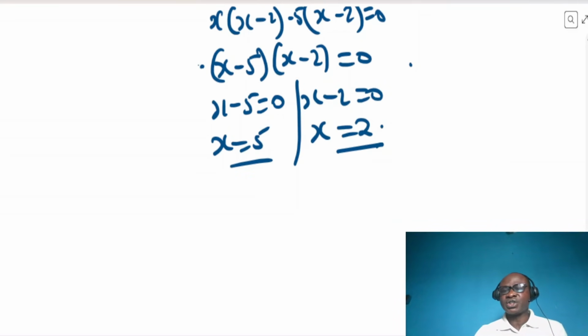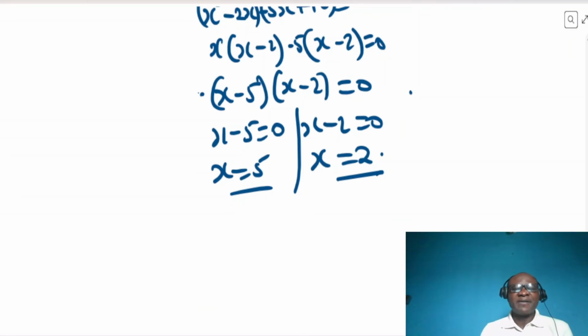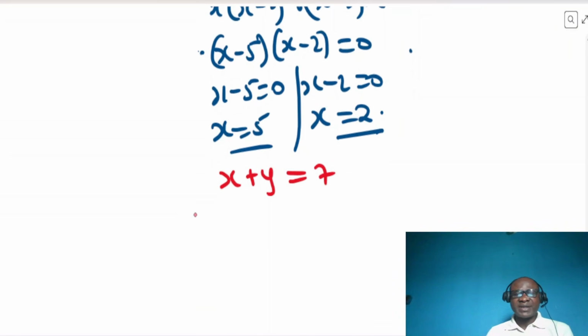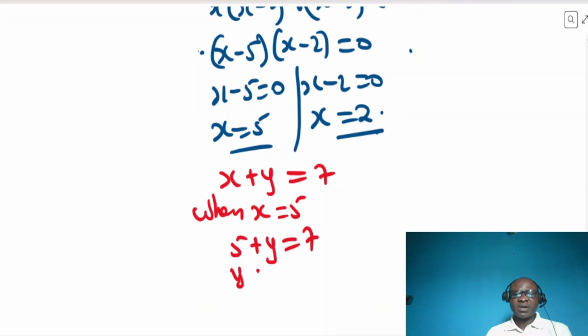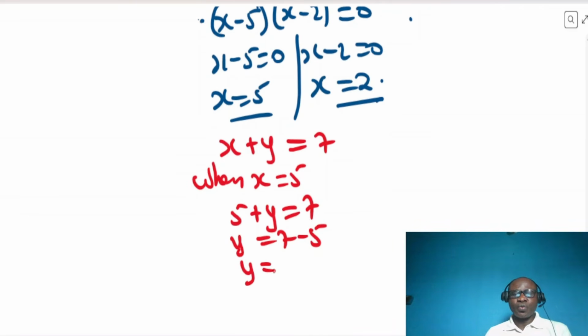I go back to the equation. I can start from equation 1: x plus y equal to 7. When x is equal to 5, I will now have 5 plus y is equal to 7, making y equal to 7 minus 5, and that is equal to 2. y now equal to 2.